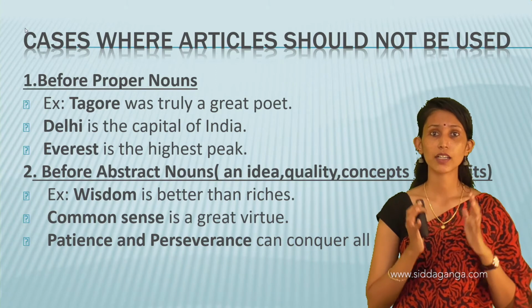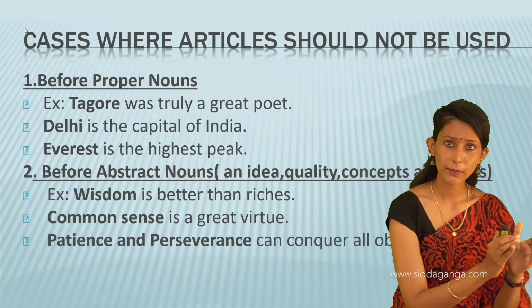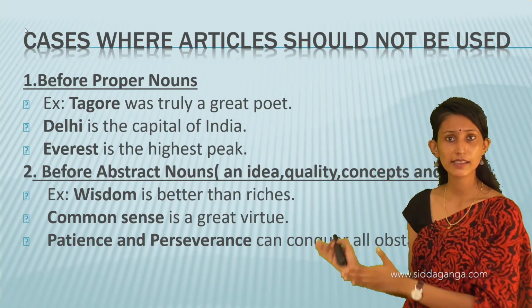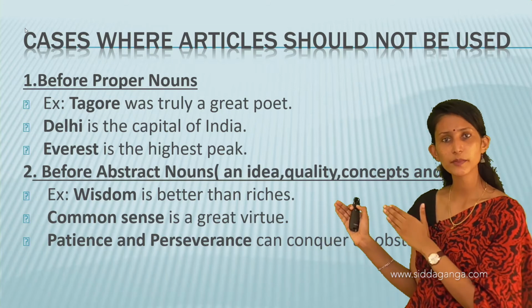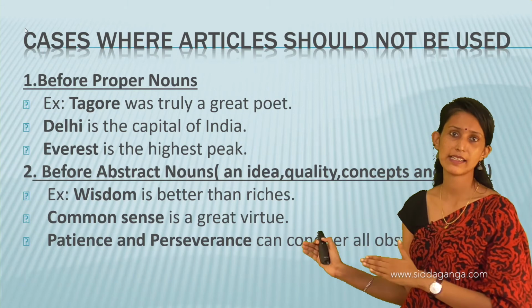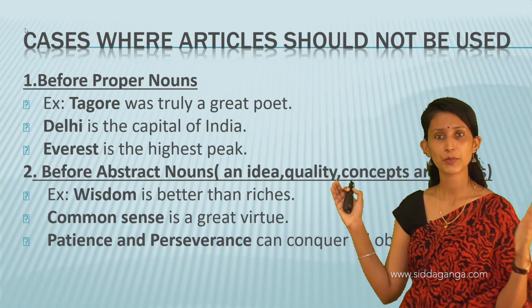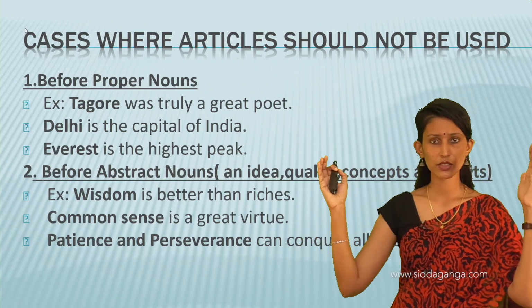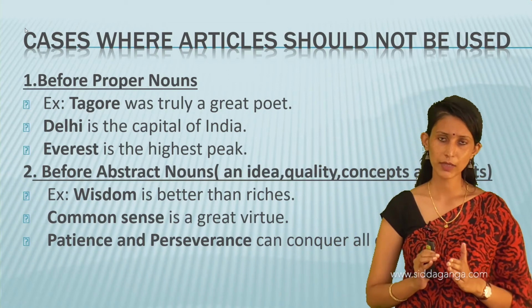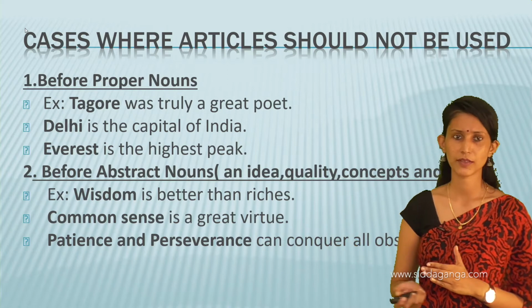But if you are considering one particular person, yes, you use the article. But this is at a large scale. You are not specifying any person as such or any entity as such. So it is abstract. You are only talking about it in general terms, and when you talk about it in general terms, you don't use it.